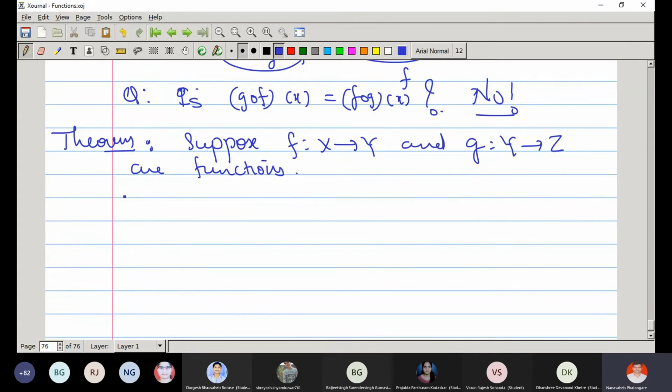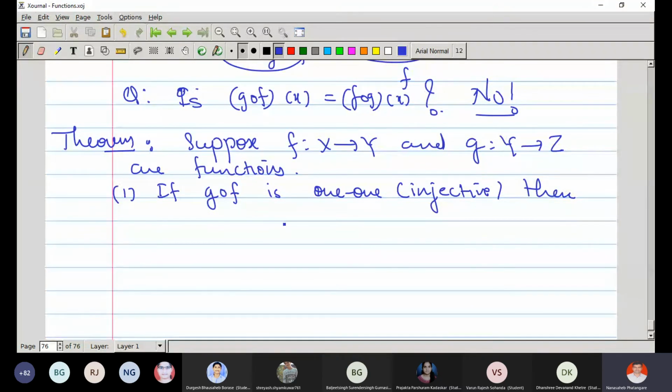So if g composite f is 1-1, or injective, then now we are looking in the opposite way.